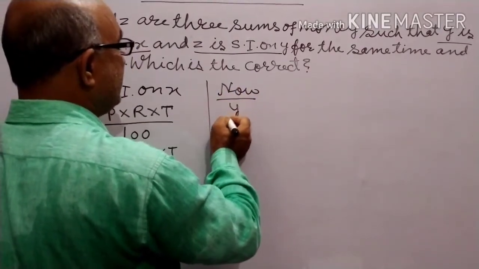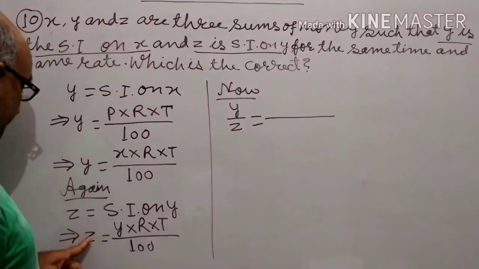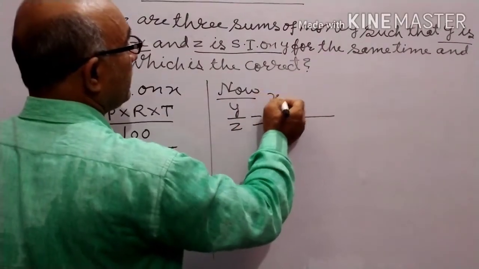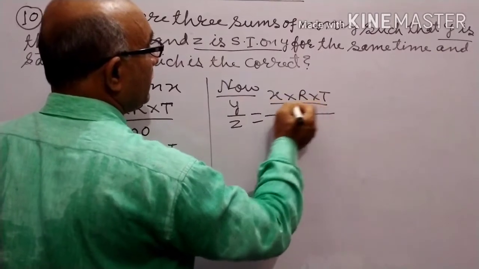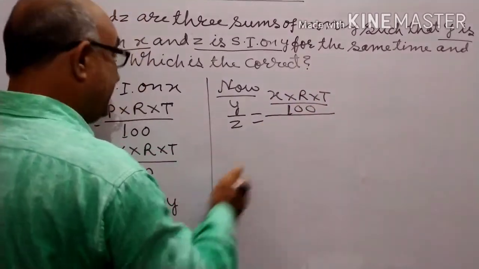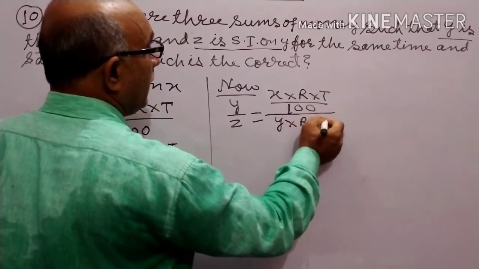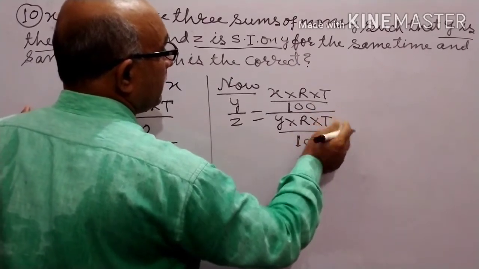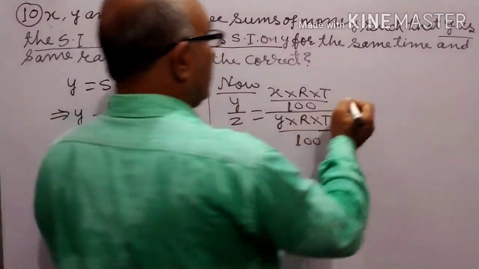Now ratio of Y and Z, Y by Z equal to X into R into T by 100 by Y into R into T by 100. Divide change into multiply.